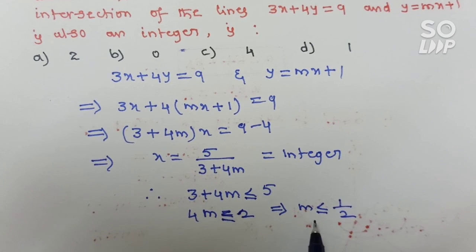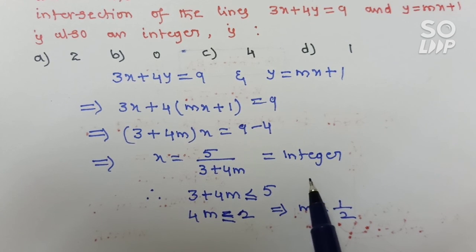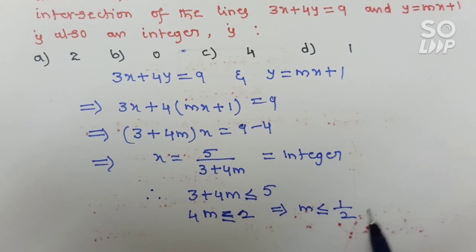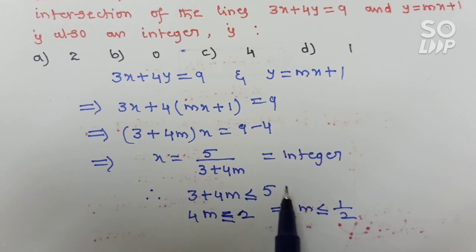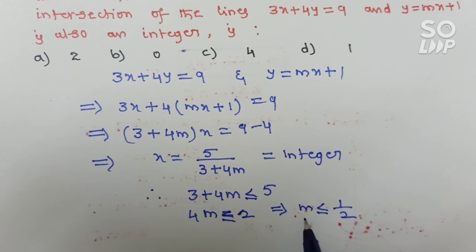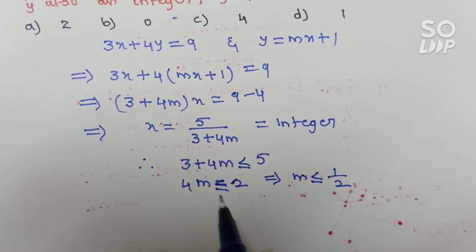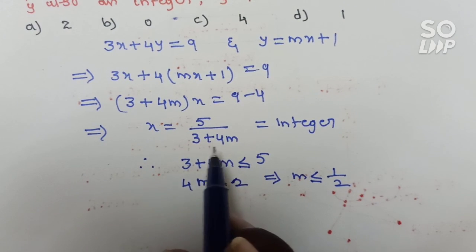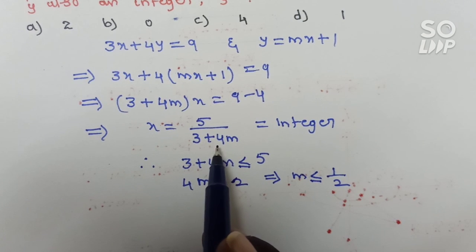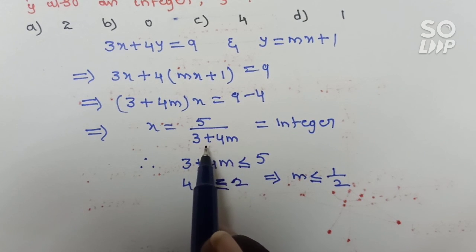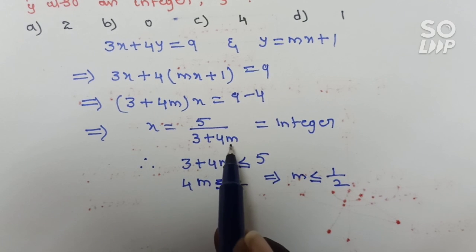So how many integer values of m make this an integer? Look at this. If you take m is equal to 1 by 2, that is not an integer. If you take m is equal to 0, that is also not an integer. Take m is equal to plus 1, then m is equal to minus 1.